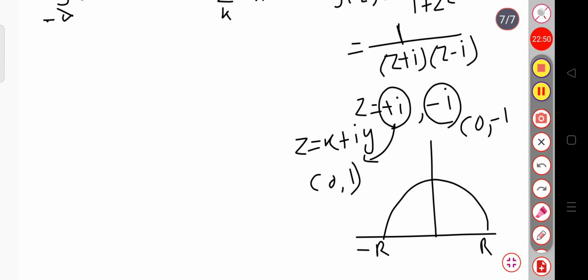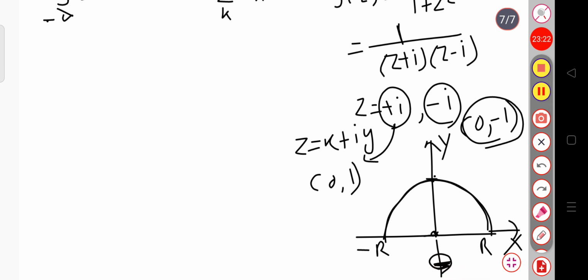Now let us plot this. Here this is x axis and this is your imaginary y axis. Now this 0 and 1 point, x axis is 0, suppose this is 1 point. It lies inside this semicircle, and for this 0 comma minus 1, this 0 is on the x axis, and for minus 1, it should lie in the lower half plane.